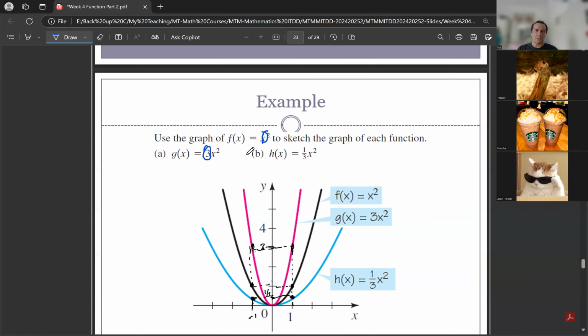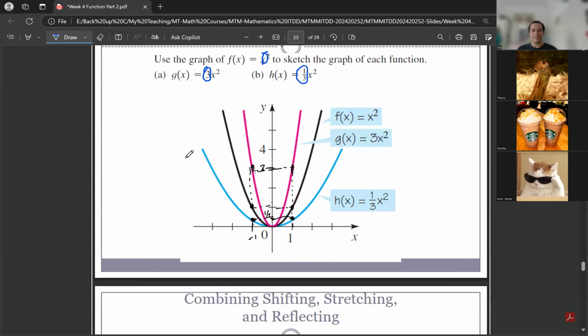It means that we stretch by a scalar of 3, and it means that we shrink by a scalar of 1 over 3. Because this is the original, the black one, and we multiply by 3, we have the vertical stretching, and if we multiply by 1 over 3, we have the vertical shrinking.